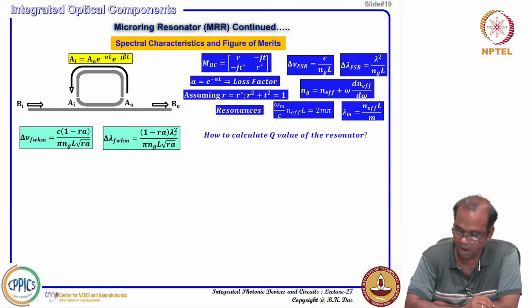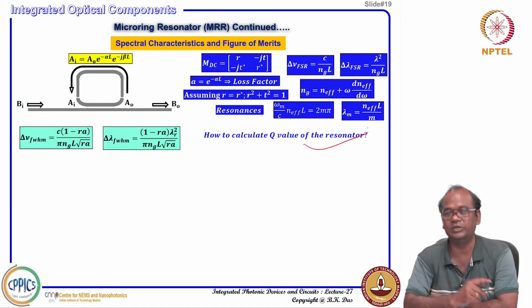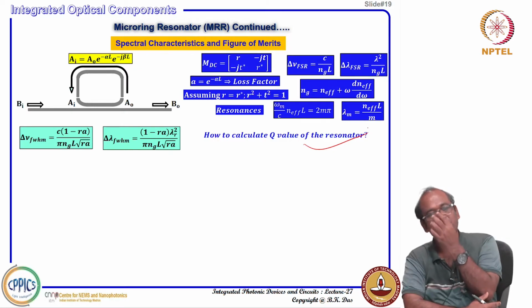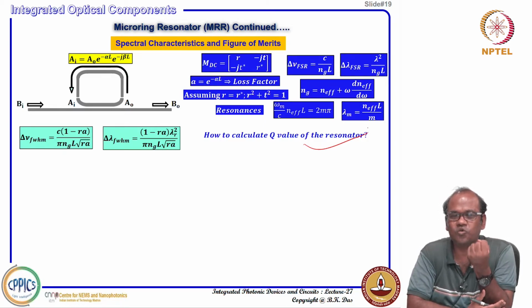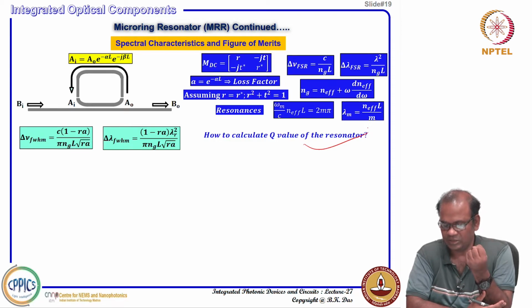Okay. Now, how to calculate the Q value of the resonator? We have learned that it is a resonator. Resonator means, as in an electrical circuit also, it can store some energy, right. If it can store energy, we can quantify a figure of merit called the quality factor, Q value.